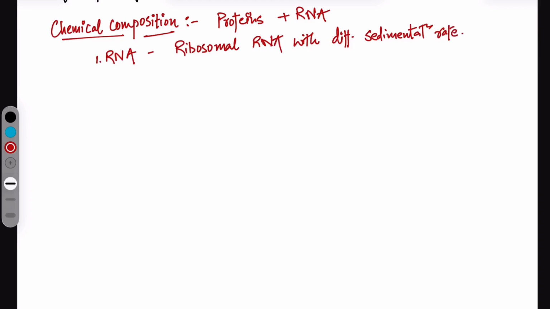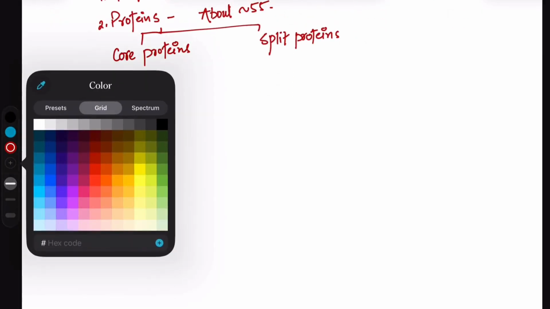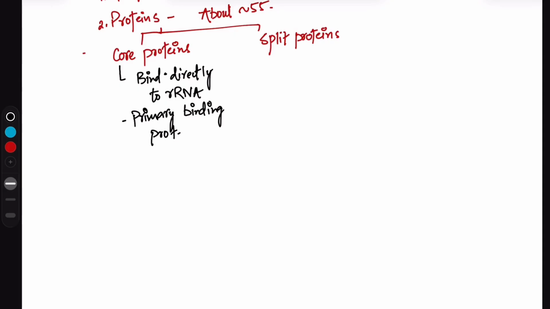They have different sedimentation rates, and the proteins, approximately 55 proteins, are categorized as core proteins and split proteins. Core proteins are the ones which directly bind to the ribosomal RNA, so they are basically called the primary binding proteins.